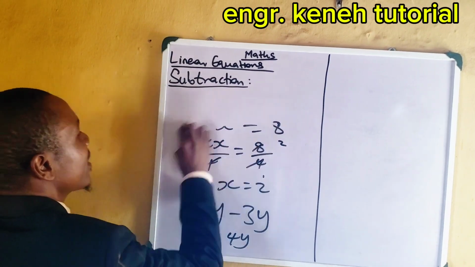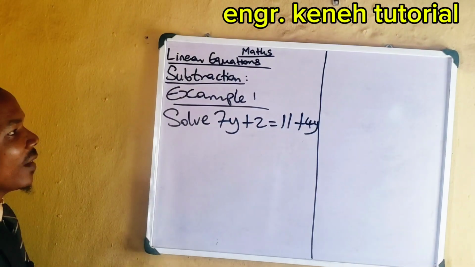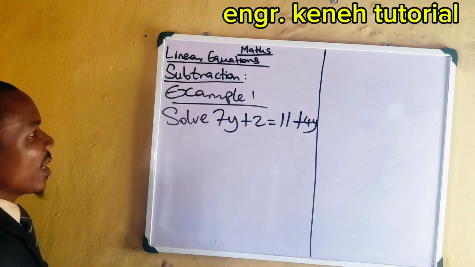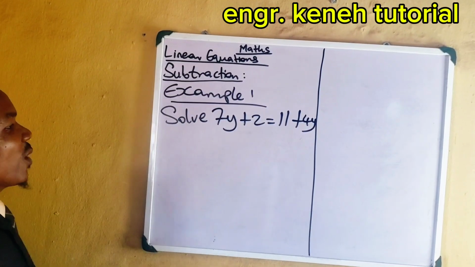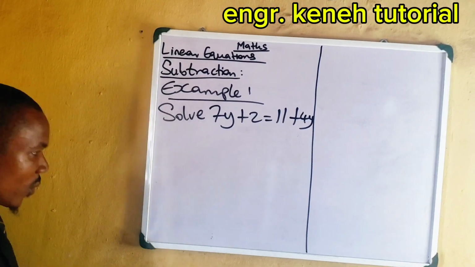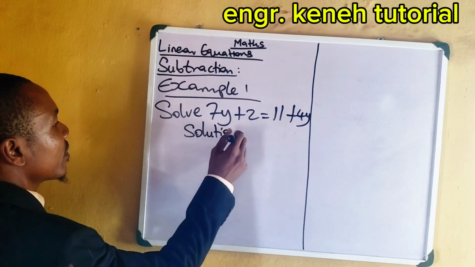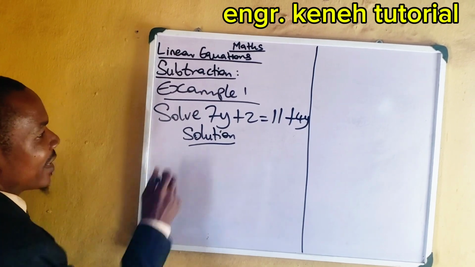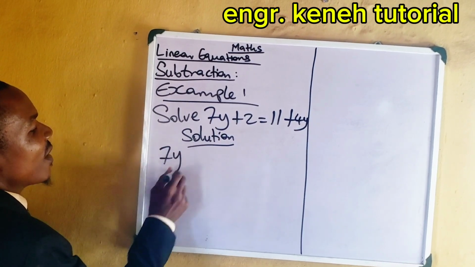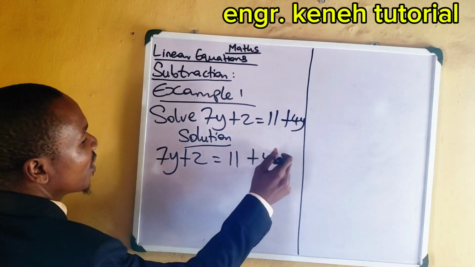All right, let's solve example 1. Example 1 says solve 7y plus 2 is equal to 11 plus 4y. So we have the solution like this. I will bring down this question: 7y plus 2 is equal to 11 plus 4y.